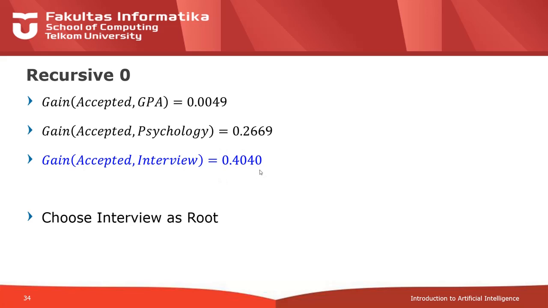And if you remember before, the number one determining factor for acceptance was interview. So that was correct. However, this just means that mathematically it is proven that interview is the number one deciding factor here.